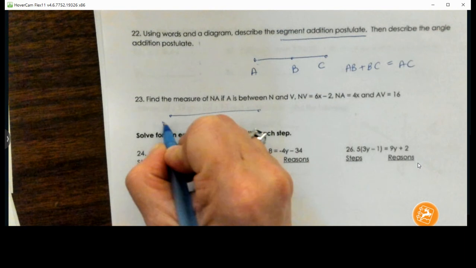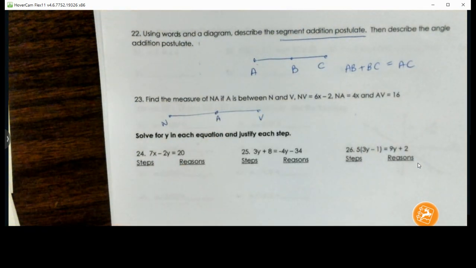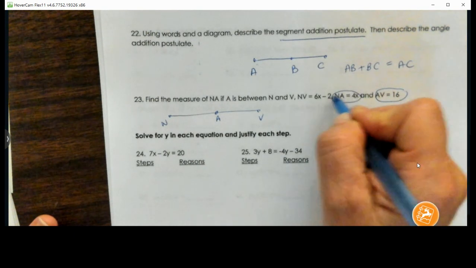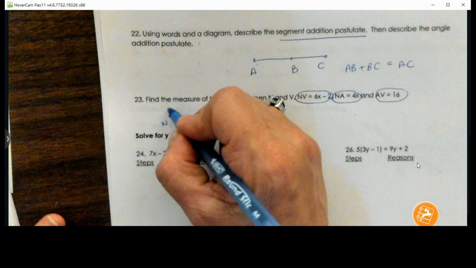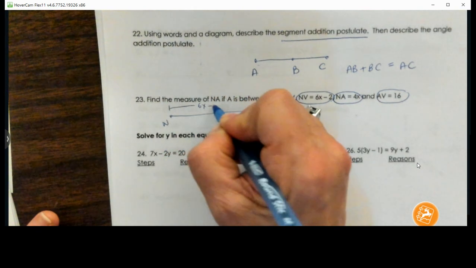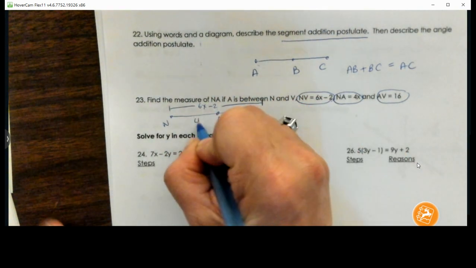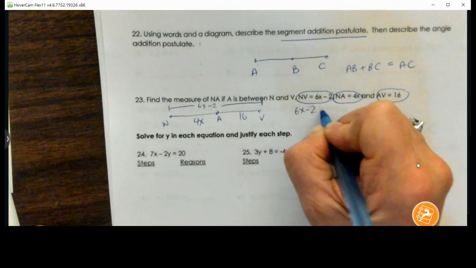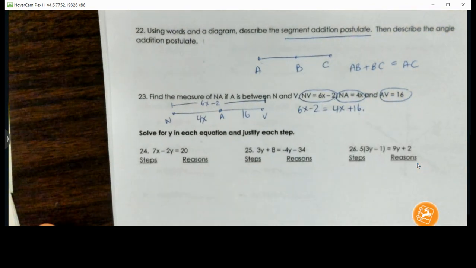I have N, V, in between it is A. And I see that I have AV is 16, and NA is 4x, and NV is 6x minus 2. So I'm going to write here 6x minus 2 is up here. I have 16 and 4x. So I have 6x minus 2 is equal to 4x plus 16.